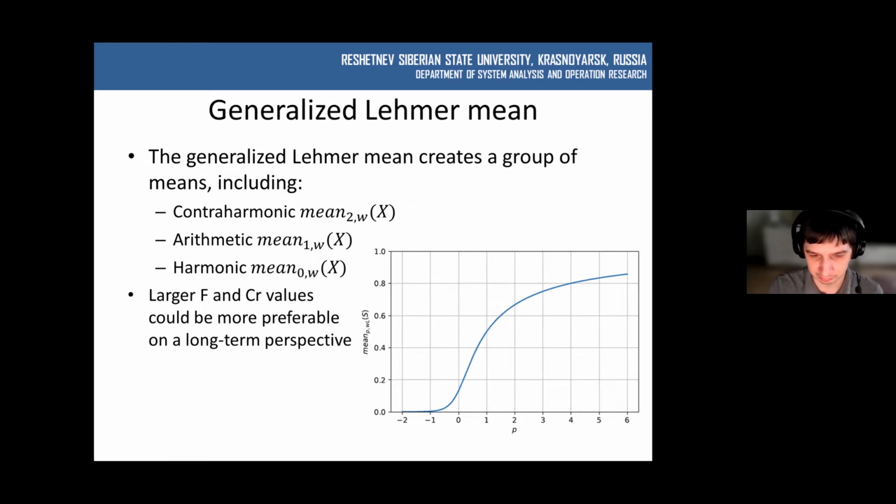Here on the graph you can see that you can get a mean from 0 to almost 1. The classical mean is 0.5, but you can get the whole range of means with the same set of values. The idea here is that larger F and CR values could be more preferable in a long-term perspective. We will come to this a little bit later.